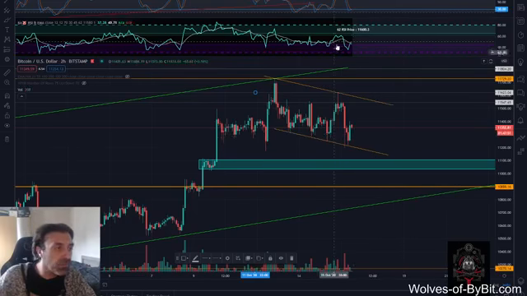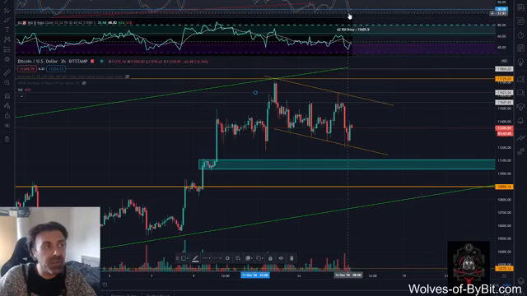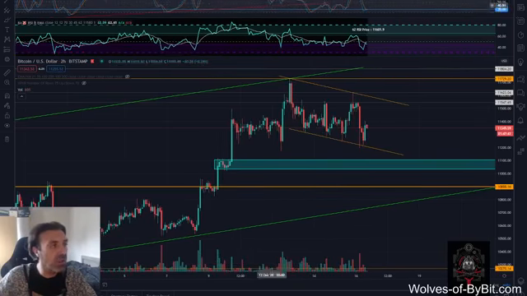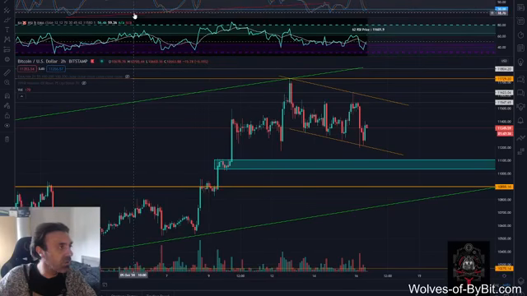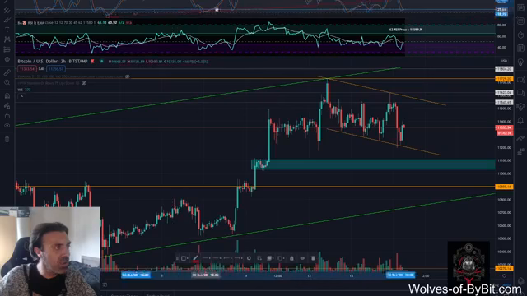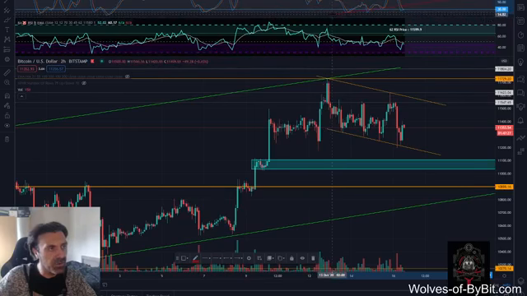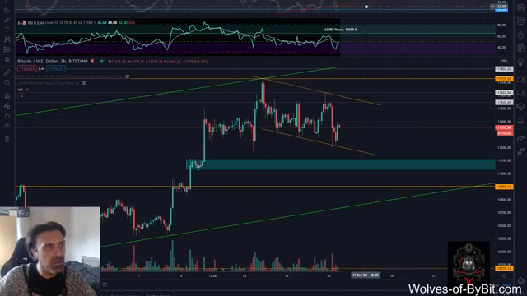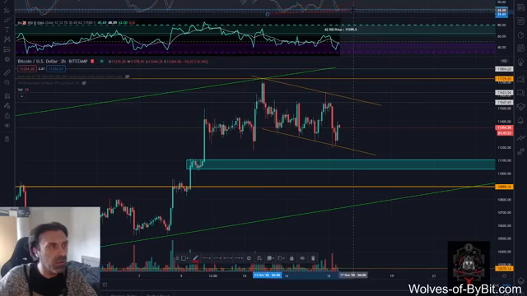Now stochastics are starting to curl back up on the 2-hour time frame. This trend line here doesn't mean a thing anymore, so we're just going to move it up and use it in order to map those little retests here.